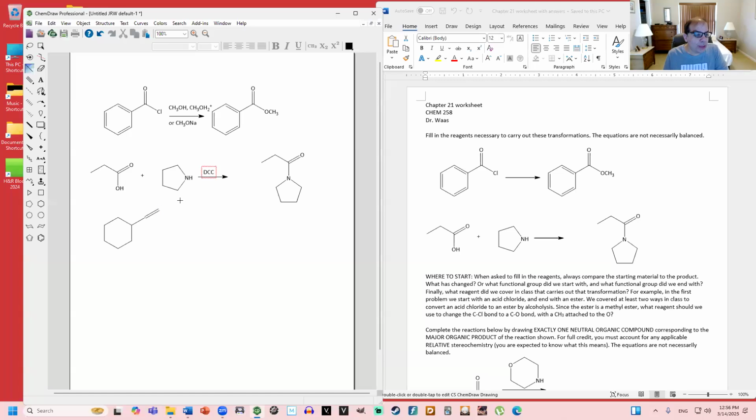It has a very peculiar structure. Well, I don't really want to do that. Let's move it down here. And dicyclohexyl carbodiimide looks very much like CO2, actually, except that instead of oxygens, we have nitrogens.